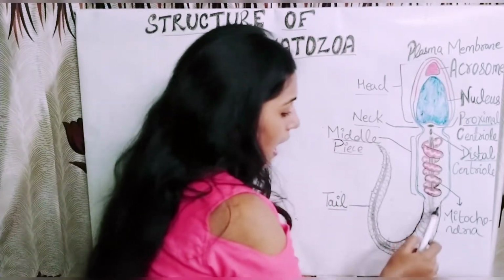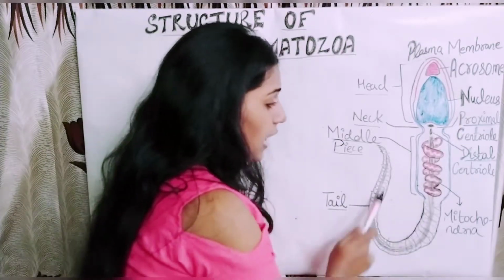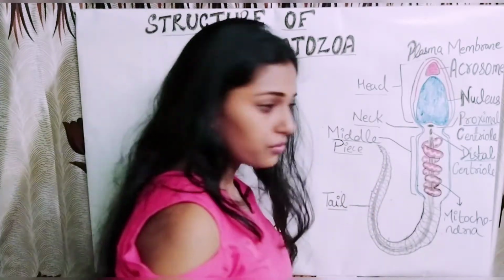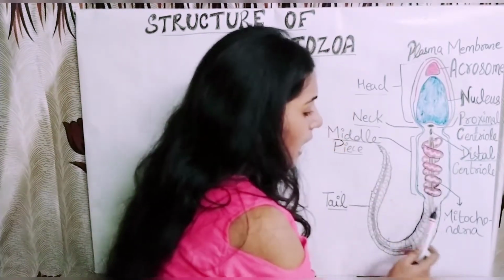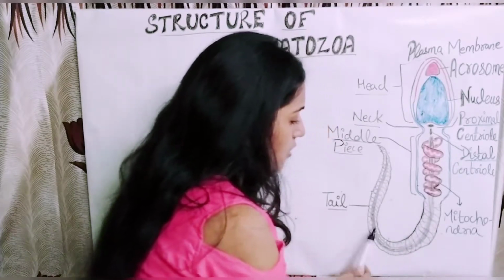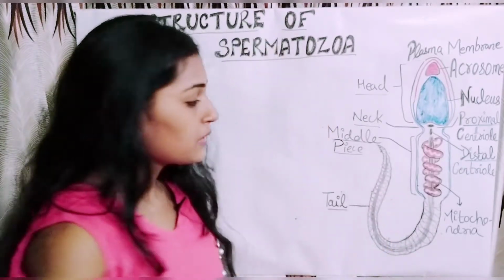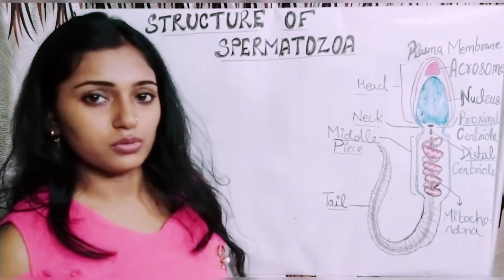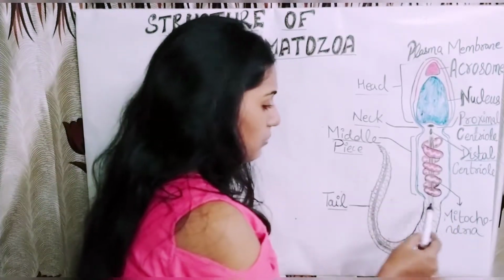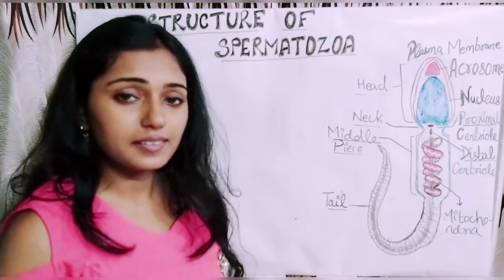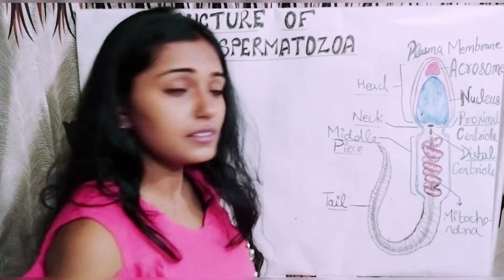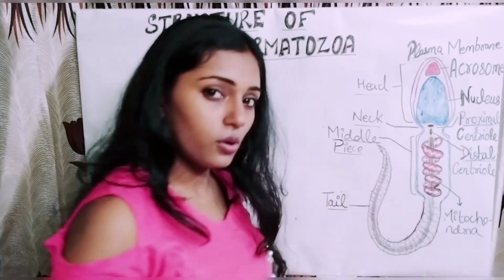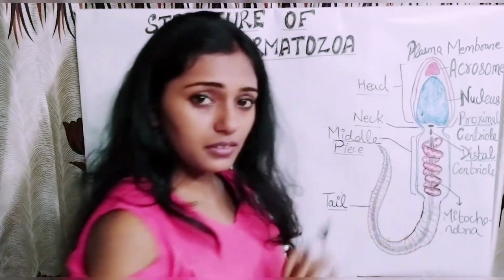The tail is the flagella, which helps in locomotion or movement, and it contains the axial filament or the axoneme, and the axoneme is surrounded by a spiral sheath. These are basically microtubules. The microtubules form the axoneme and the spiral sheath of the tail, and this axoneme forms the cytoskeleton for the tail. Okay, now all the parts are done.